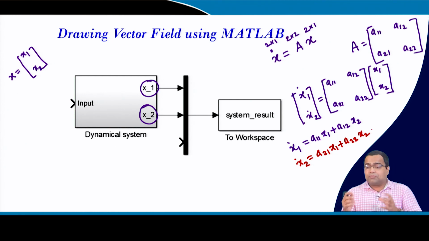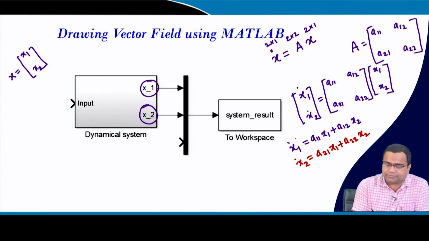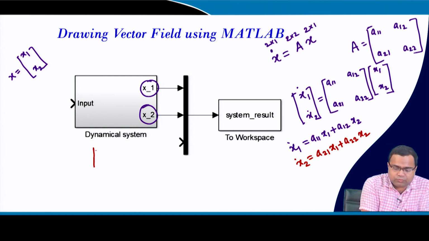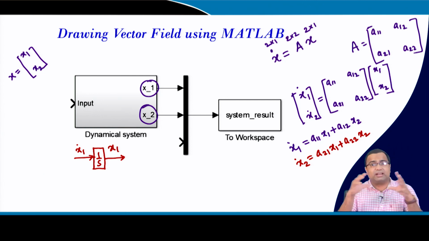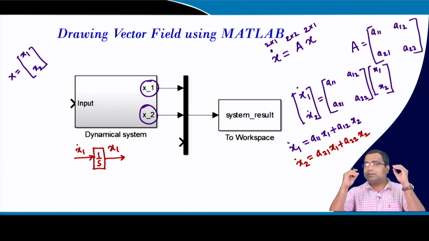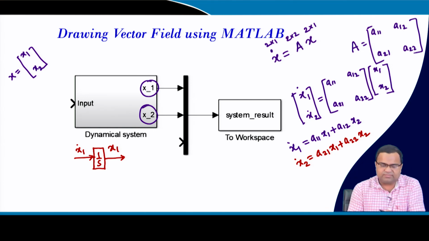x2 dot will be A21 x1 plus A22 x2. Now we already know how to plug in this equation in MATLAB, because for x1 we need one integrator, right? So this is one integrator, and if this side is our x1 dot, then this will be x1. This we have already learned multiple times, because we started this presentation in lecture number 4 in the very first week.